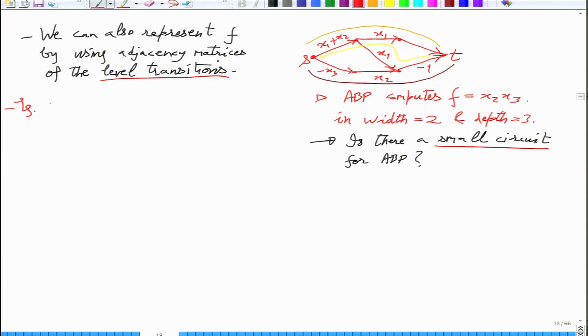So from level 0 to level 1 you have this matrix, let's say 0 1 0 or 1 1 1 2, that's a row. Then the next level, let's say 2 to 3, so maybe I'll label them, level 1 2 3 4.